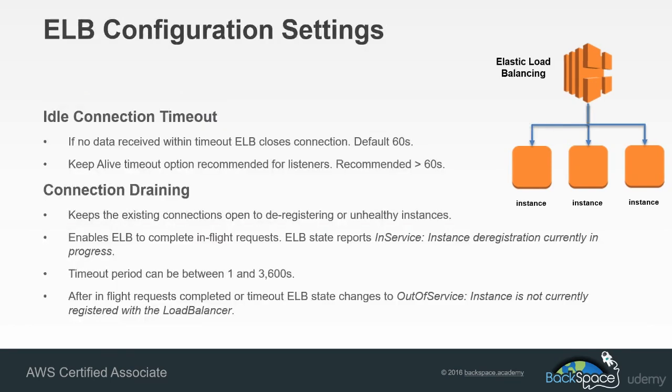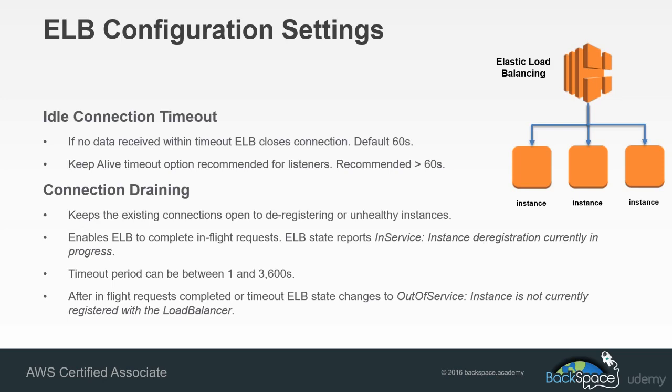We also have configuration settings that we need to take into consideration for our elastic load balancer. We have the idle connection timeout. What that means is if no data is received within the idle connection timeout period, the elastic load balancer will close that connection.